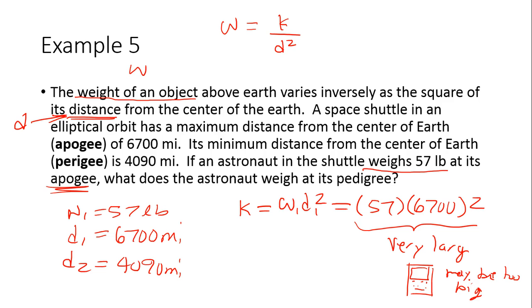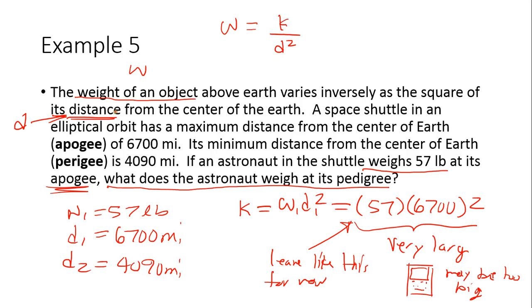If you have a simple one, it may just output it in exponential form or scientific notation. We can leave it like this for now because we're not asked for the constant of variation. We're just using that for an intermediate calculation. What we want to know is what the astronaut weighs at perigee.